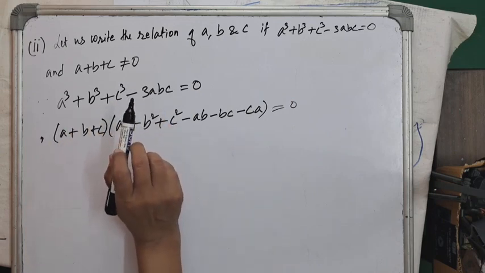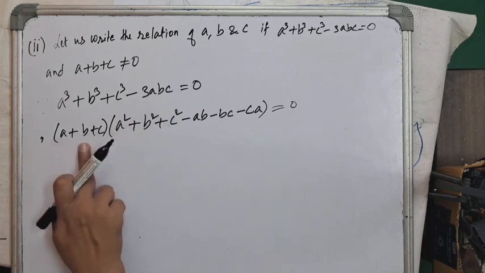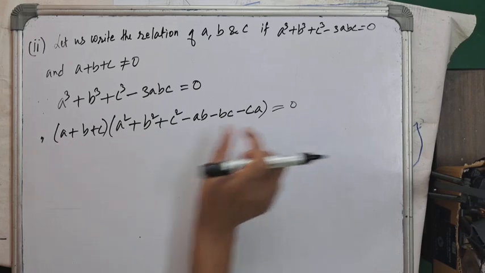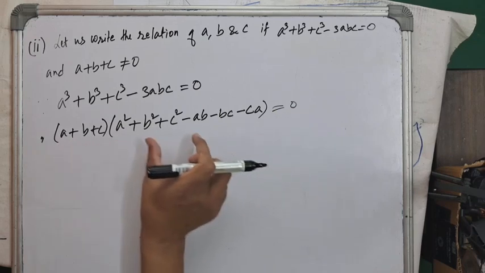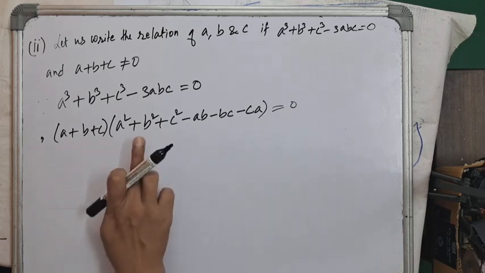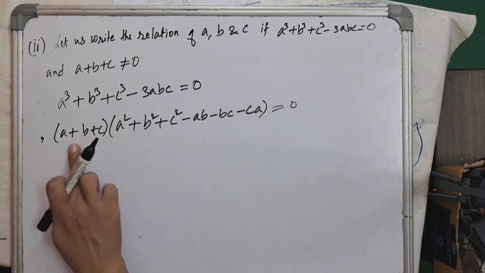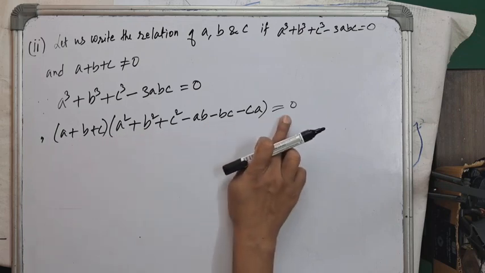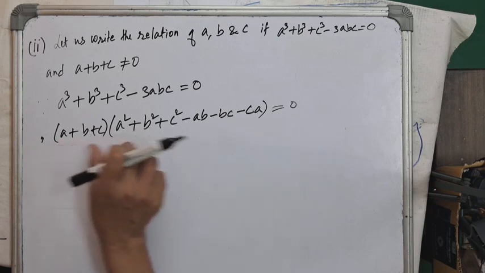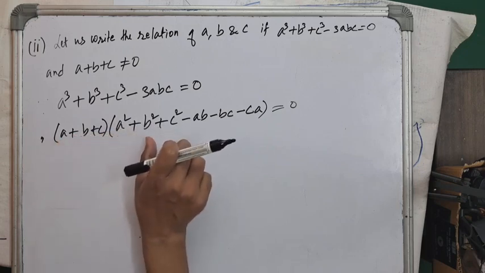So according to this relation, the product of these two expressions, A plus B plus C into this, equal to 0, which means either this must be equal to 0 or this must be equal to 0. Among these two expressions, one of them must be equal to 0.